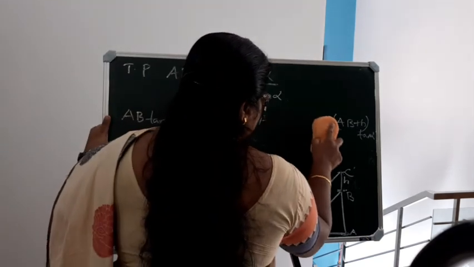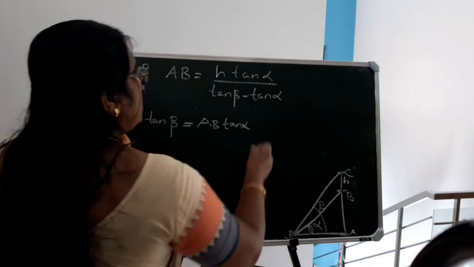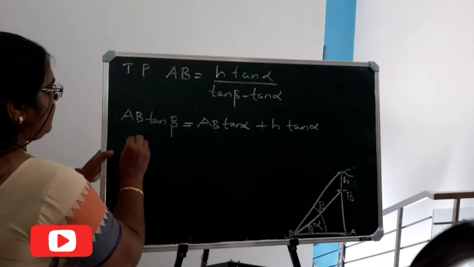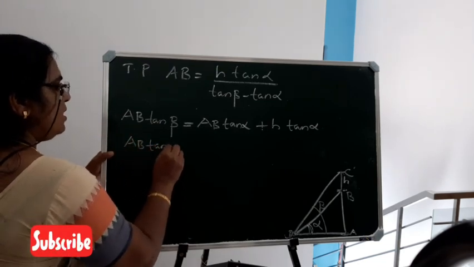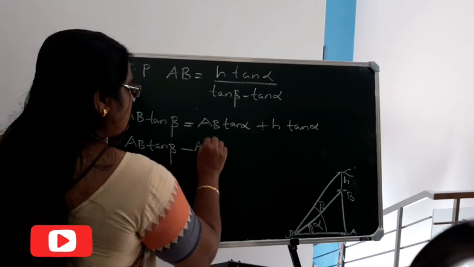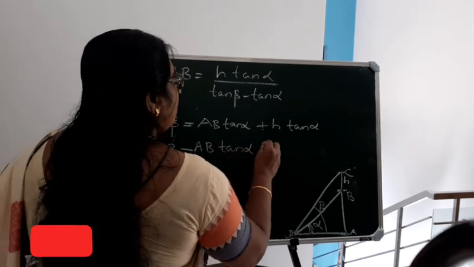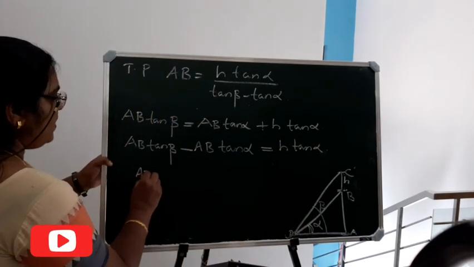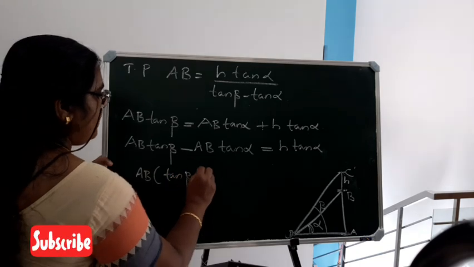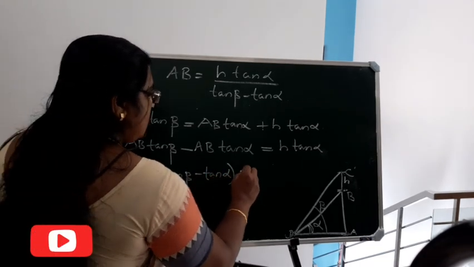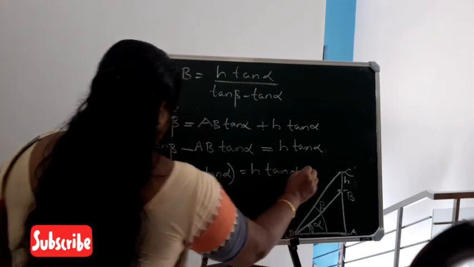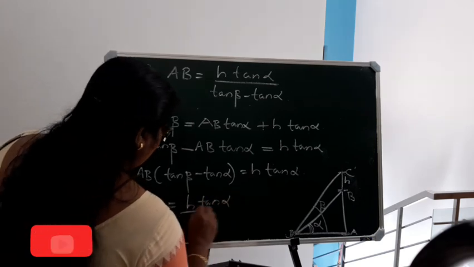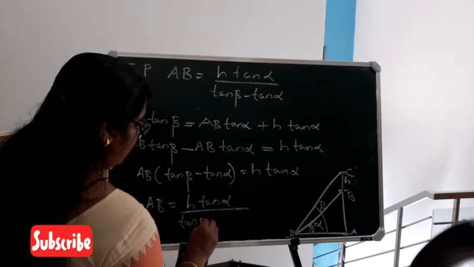We can transpose this term to this side: AB tan beta minus AB tan alpha equal to h tan alpha. From this one AB take common. So it is AB into tan beta minus tan alpha, equal to h tan alpha. And AB equal to h tan alpha divided by tan beta minus tan alpha.